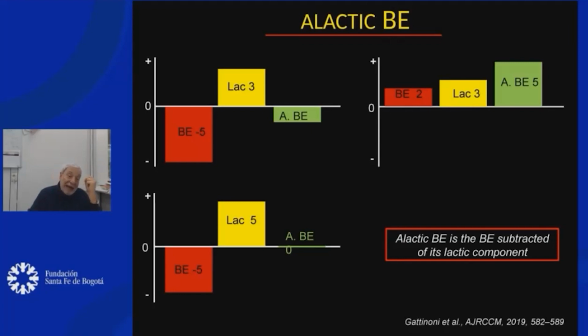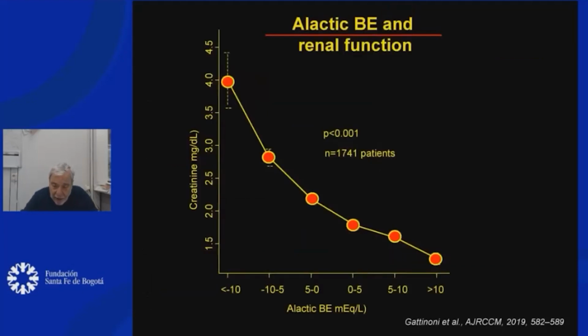If it's not justified by lactate, it means that other acids are present. Okay? Here is 0, and here base excess is +5. This means alkalosis from other causes, or volume contraction, or use of diuretics. So at the bedside, if you have lactate, you immediately know if the alactic base excess is positive or negative.